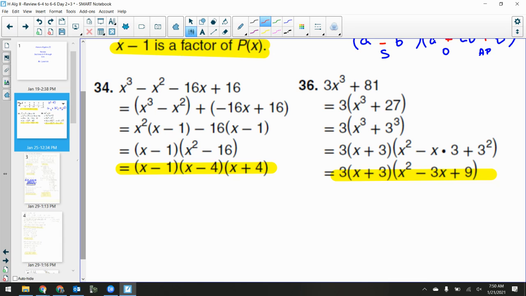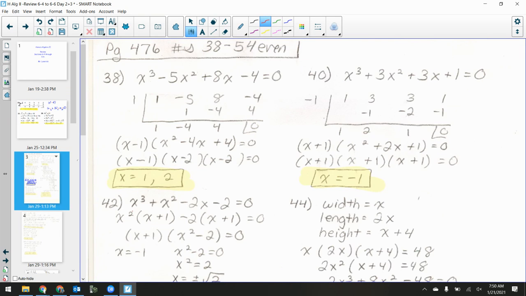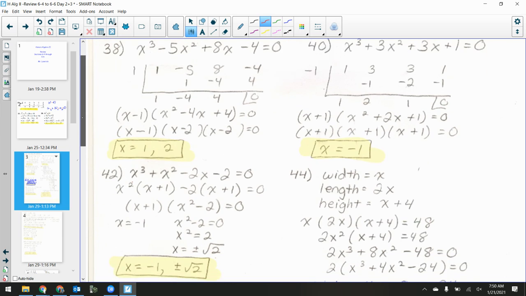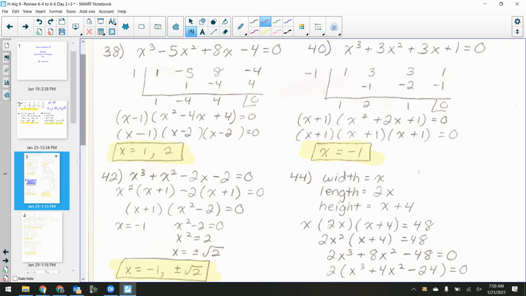Okay, good. Here is numbers 38, 40, and almost 42. 42?